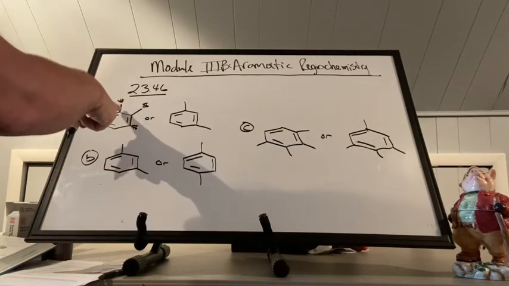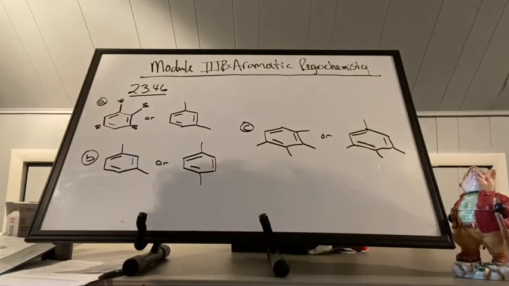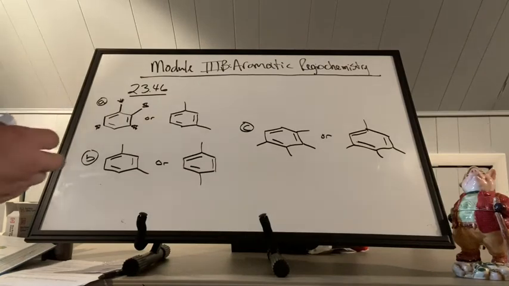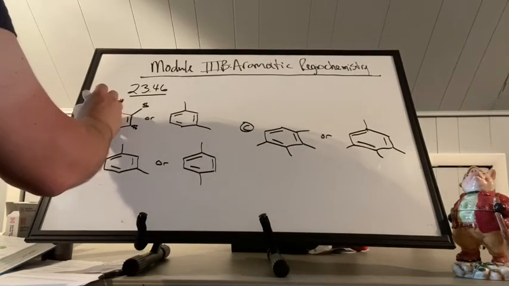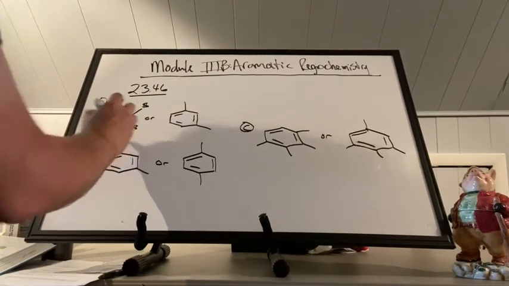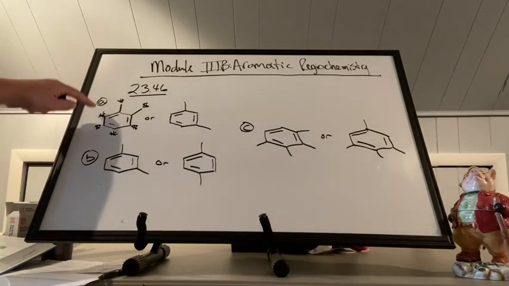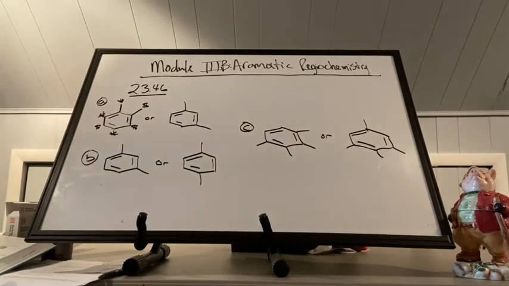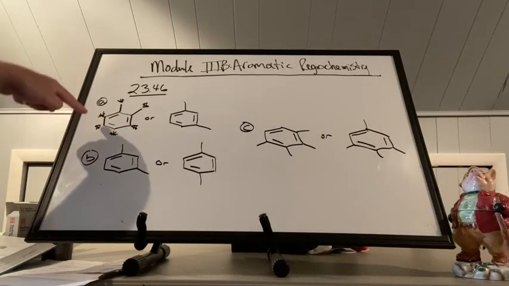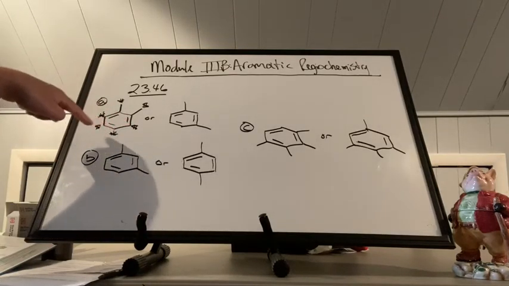Conversely, remember, you're not going to substitute where these are unless you functionalize it. So we're going to put an asterisk here, asterisk here. Again, ortho-para, this spot's already taken. So you're singly activated on each of those four positions equally.